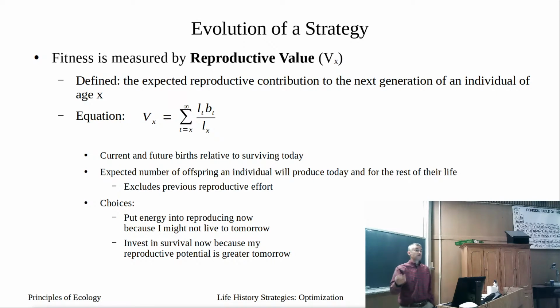We have to survive and reproduce later in life as well. But note that this Vx is for our age at a specific time point. So it excludes everything that we did earlier in life, because that's not what matters. What matters is, what should we do today?